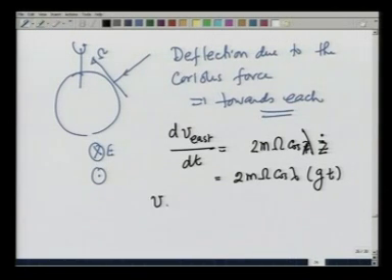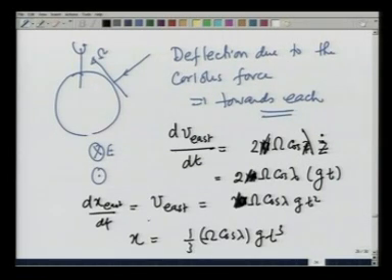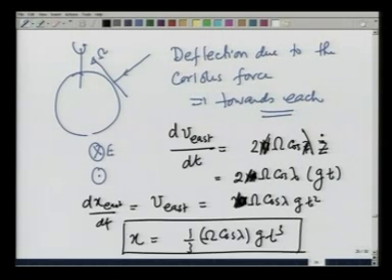Integrating this, we get v east to be equal to m omega cosine lambda g t square, and therefore, this is nothing but d x towards east divided by dt. X comes out to be 1/3. Oh, sorry, again this m is not going to be there, because now we are concerned only with the acceleration. 1/3 omega cosine of lambda g t cubed. So, a particle dropped from a height tends to deflect towards east on the northern hemisphere.